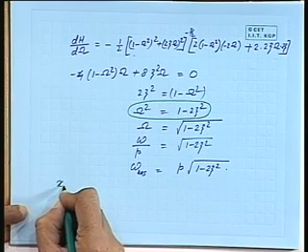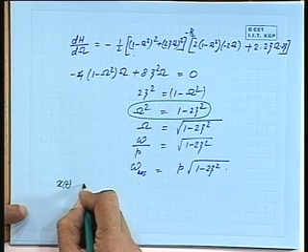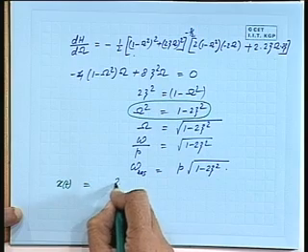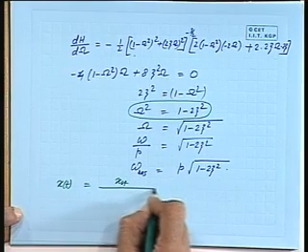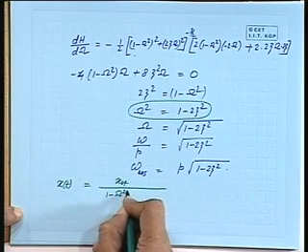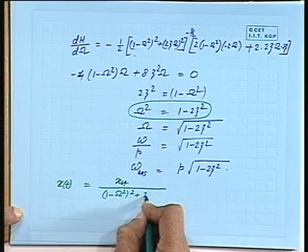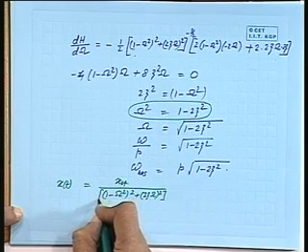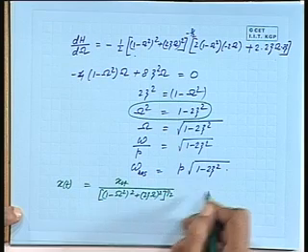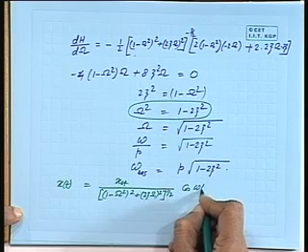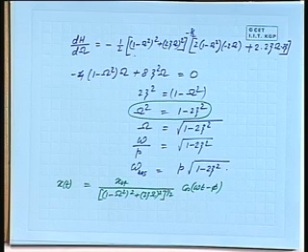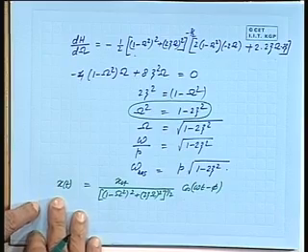Now, x of t is given by x s t over the square root of 1 minus omega square whole square plus 2 zeta omega square, and then, okay, this is the response for the damped forced vibration.